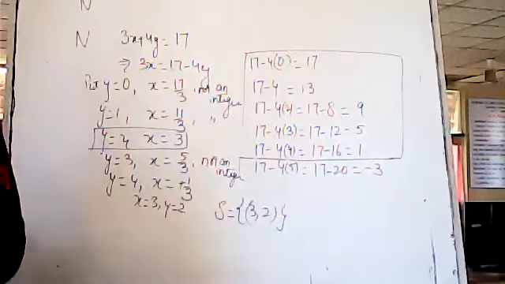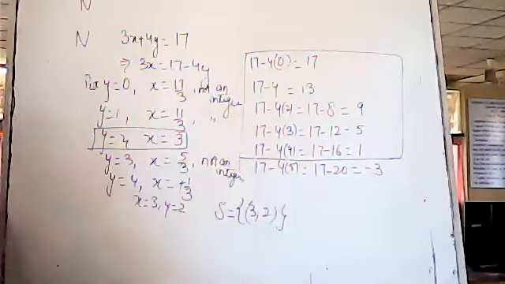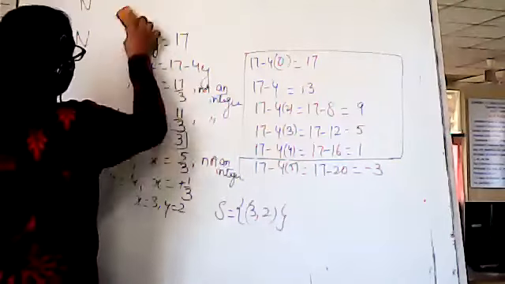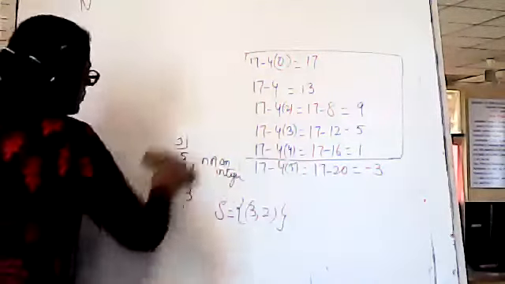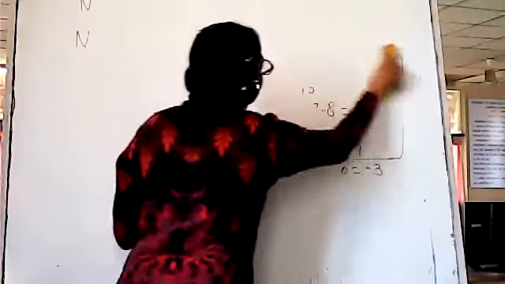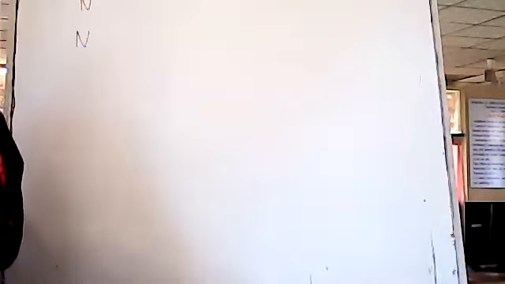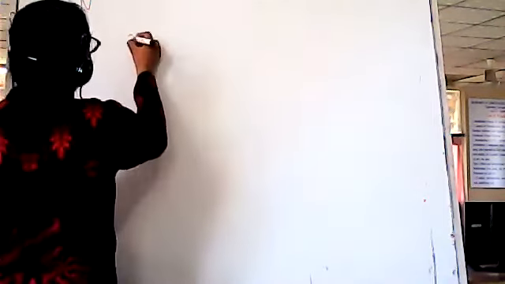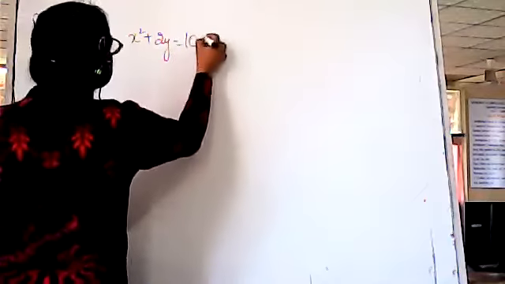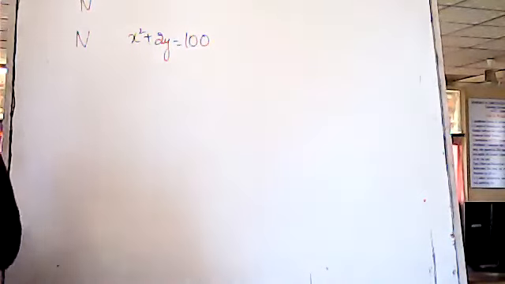Let R be the relation on the set capital N of positive integers defined by the equation x square plus 2y equals 100. Find the domain and range of R.